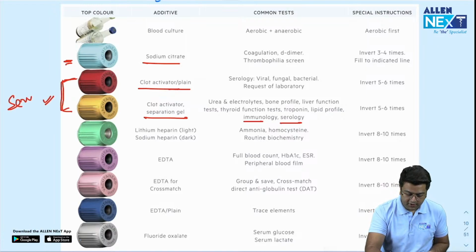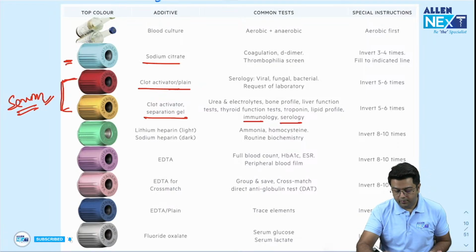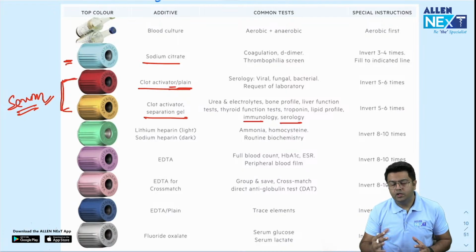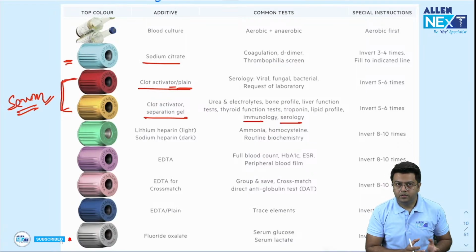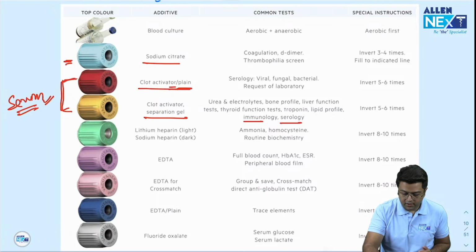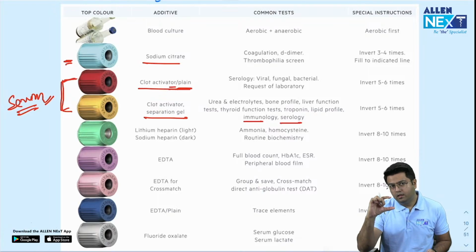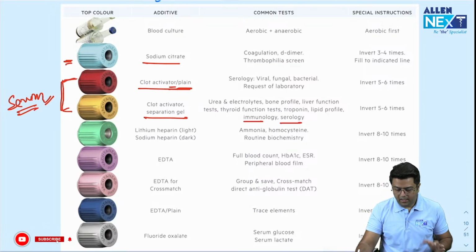So I'll be using serum, right? Serum is separated. Blood will coagulate because it is a plain vial, correct? So if I ask you what vial I'll use for estimation of serum TSH, I'll be using either of these two. They are both the same except the gel is present in the golden one, correct? So this table can be helpful to you.